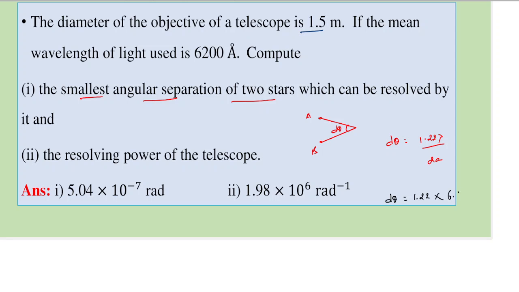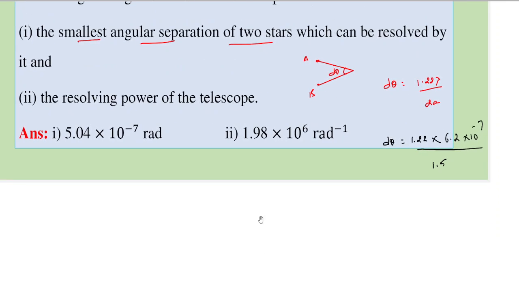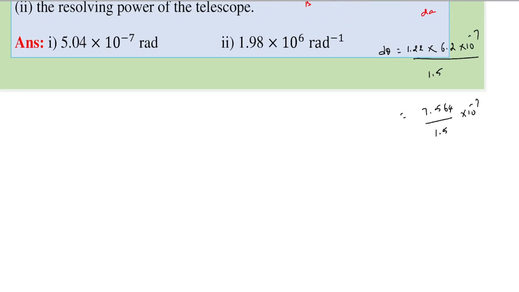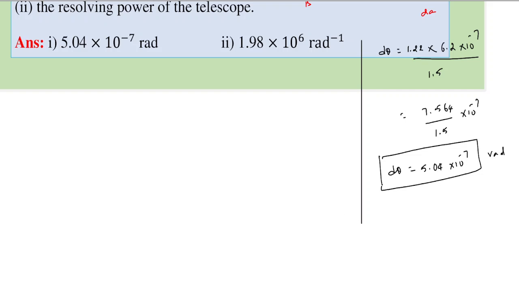We can write this as 6.2 into 10 power minus 7 by 2a, which is 1.5 meter, and if you put it back here, it will be 7.564 by 1.5 into 10 power minus 7, which is equal to 5.04 into 10 power minus 7, and this d theta is measured in radians. This is the first part.